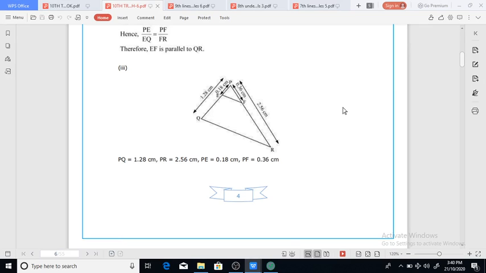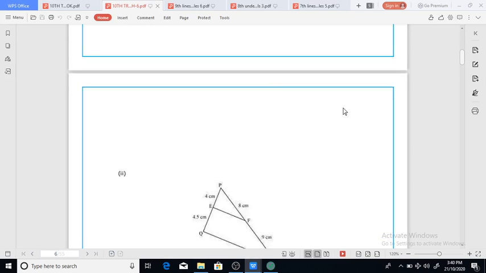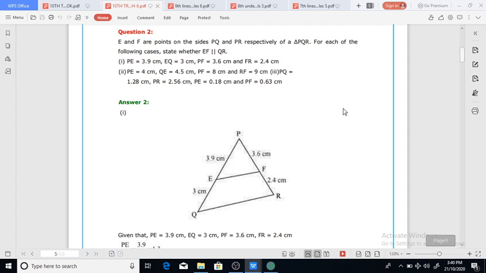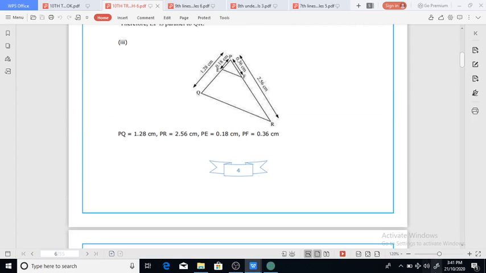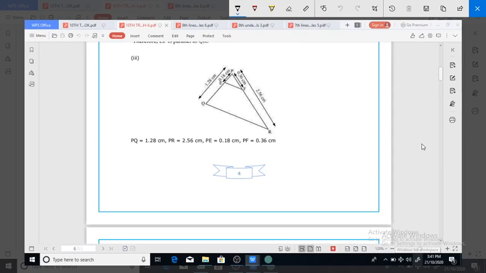So next, the third question is here. In the third question, take a proportional again: PE divided by PQ.